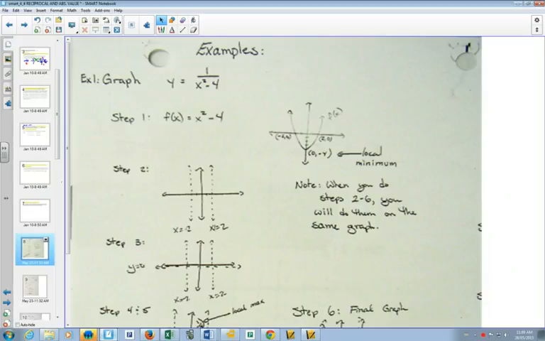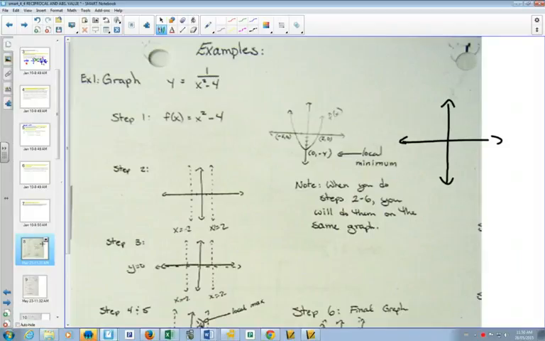Sometimes you draw them even on the same one, but this is what it would look like. First of all, you're going to graph what you see on the bottom, x squared minus 4, a parabola moved down 4. That's shown right here. Now, right beside it, I'm going to walk through those other steps and show you that you wouldn't draw each of these extra things one at a time. I've just done that to illustrate so that you can see one thing at a time when you're looking over this later.